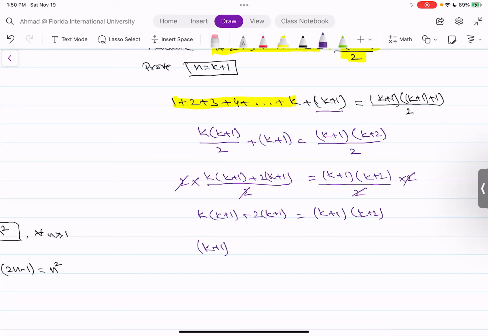If I take k plus 1 as common, what is remaining? The remaining part is k plus 2, which is exactly equivalent to the right-hand side, k plus 1 and k plus 2. So that means we have proved that this is correct, right? So this is proved by mathematical induction that this term is also correct, right?